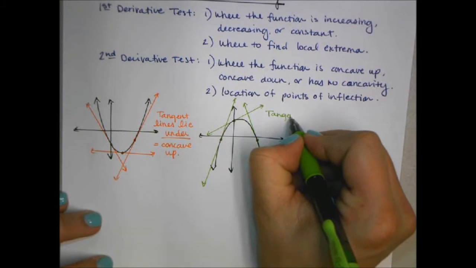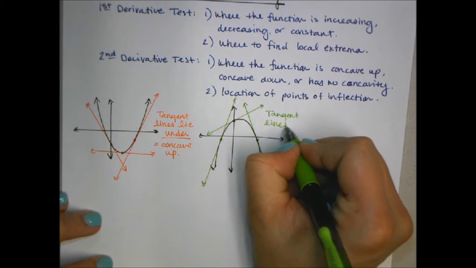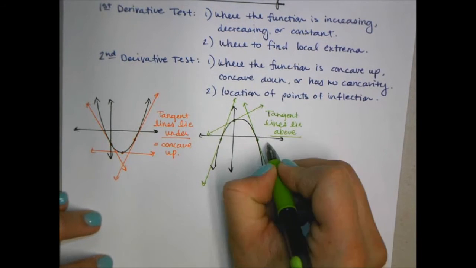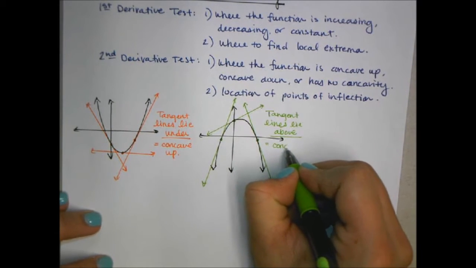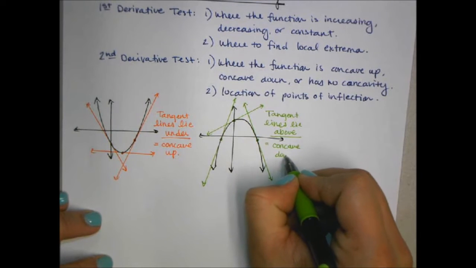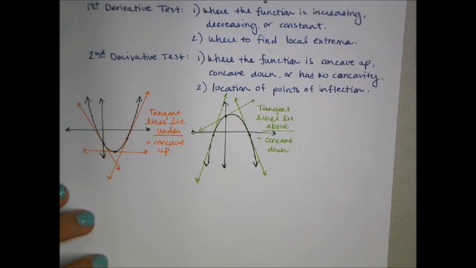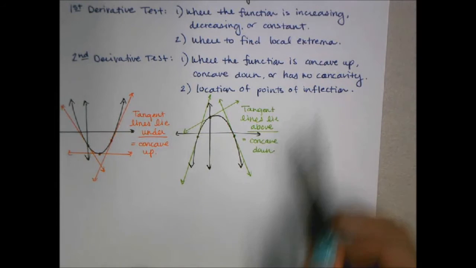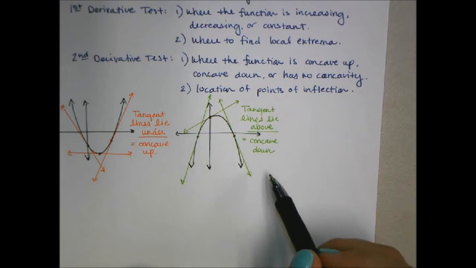So tangent lines that lie above the function means the function is concave down. And that's it. It's either concave up or concave down, or my function maybe has no concavity, such as a line. A line would have no concavity, just like our tangent lines don't have concavity.